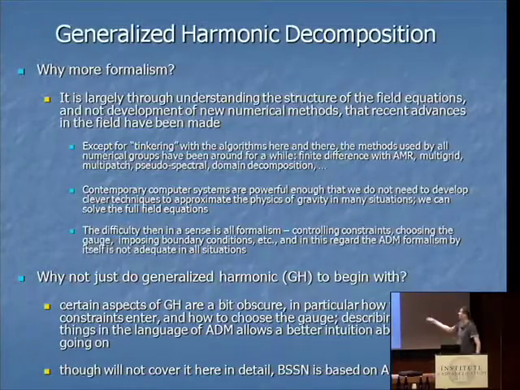So don't be discouraged by this, but perhaps the most important thing to take away is that the ADM formalism that I gave you before is really great to understand some of these things, and we're going to use it today to understand some aspects of generalized harmonic evolution, in particular how you choose gauge in generalized harmonic coordinates and the nature of the constraints. But the ADM by itself, as I've mentioned several times before, is not a really good general purpose solution procedure, and generalized harmonic is.